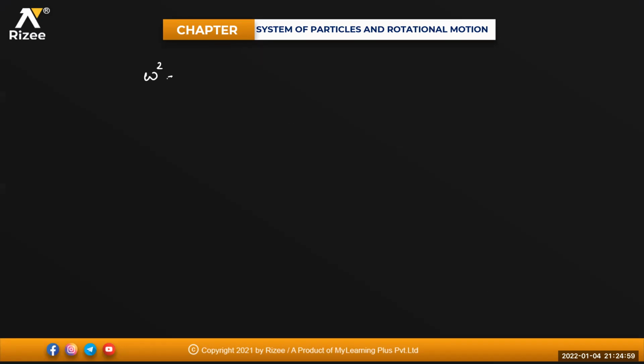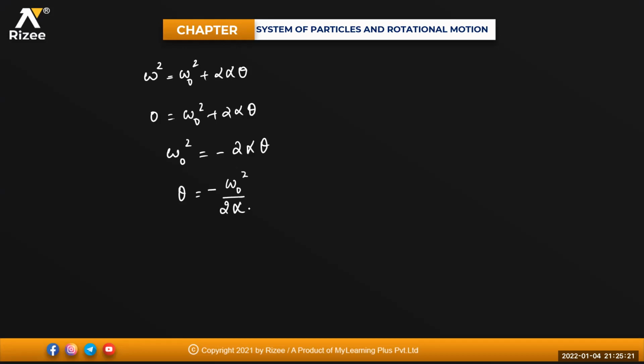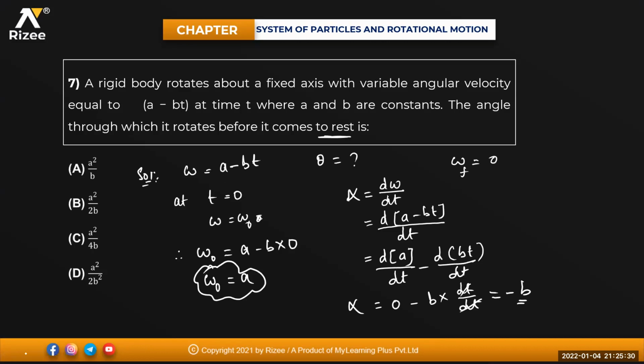So if I'm using the relation omega square is equals to omega naught square plus 2 alpha into theta. So omega value is 0. This is omega naught square plus 2 alpha into theta. That means omega naught square is equals to minus of 2 alpha into theta. So theta will be equal to minus of omega naught square divided by 2 into alpha. How much did we get, beta? Omega naught value is a.